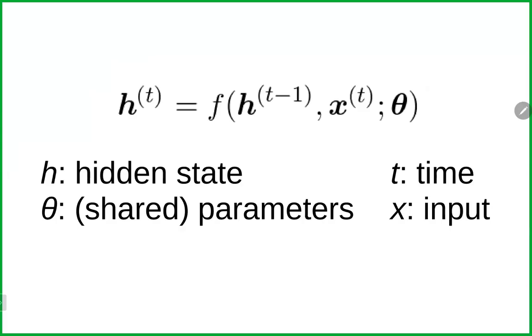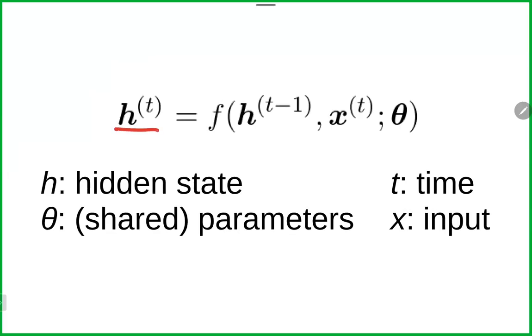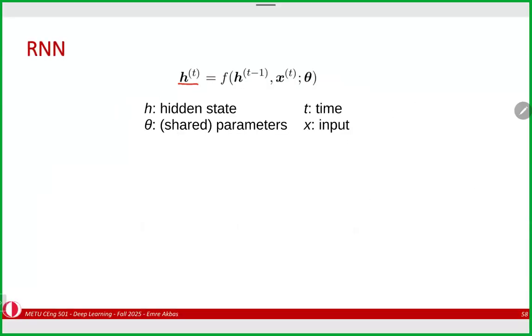Function f is applied to the element of input at time t, xt. And it also takes h t minus 1, the hidden state coming from the previous time step. And then it outputs the new value of the hidden state, ht. This is a basic RNN.